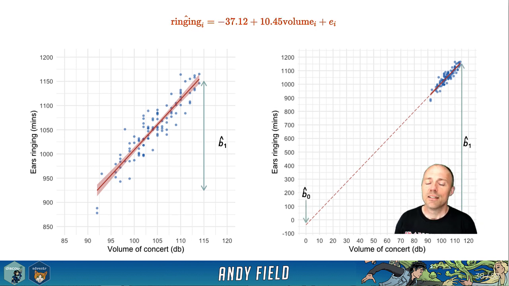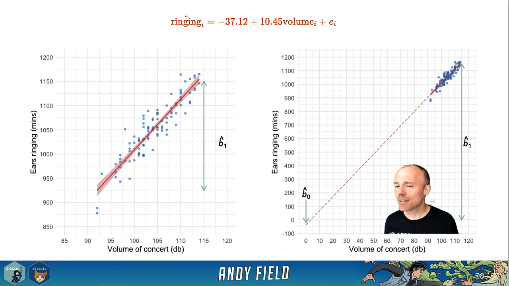It's the value of the outcome when the predictor or predictors are 0. Beta 1 doesn't change. That's still exactly the same, even though we've extended the model. But beta 0 in this case is nowhere near the data cloud, so it's a predicted value, and we maybe need to take it with a pinch of salt. It's saying if you have no volume whatsoever, how long will your ears ring for?